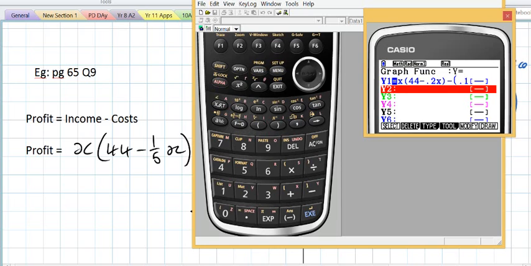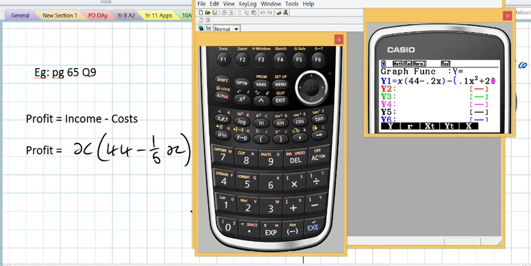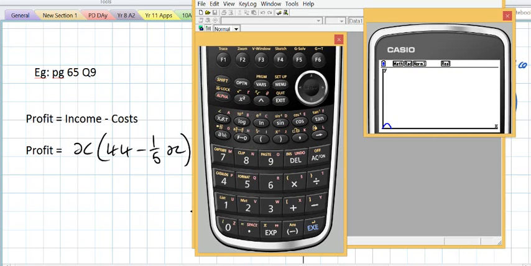Syntax error, I hate my calculator. Did anyone else get a decent graph? Alright, so my graph is tiny, so we set our view window too large.